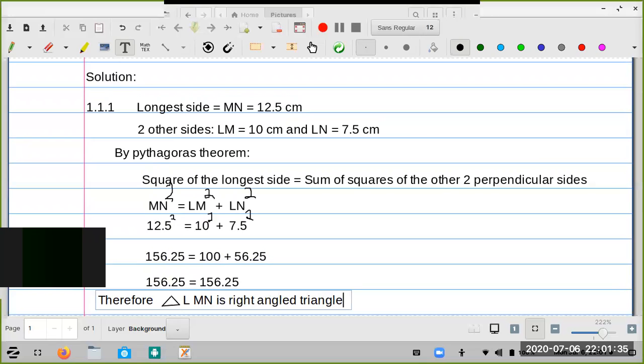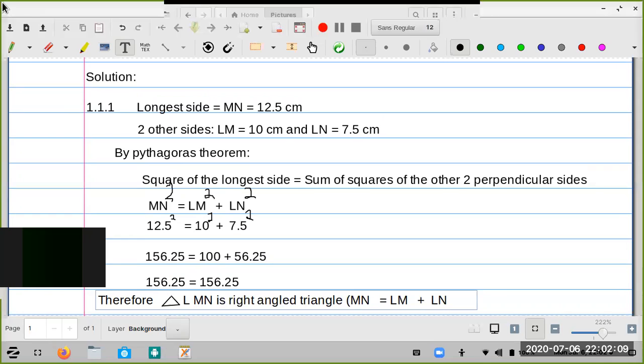Then why are we saying it's a right angled triangle? We are saying it is a right angled triangle because Pythagoras theorem has been satisfied, which means MN squared is equal to LM squared plus LN squared.